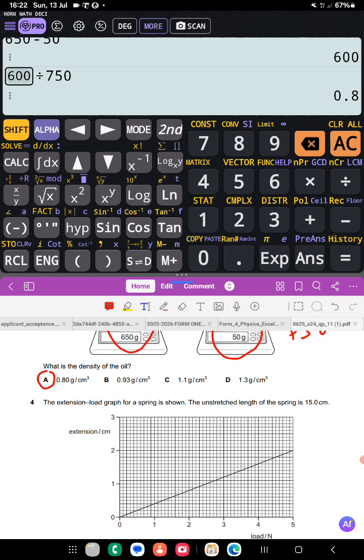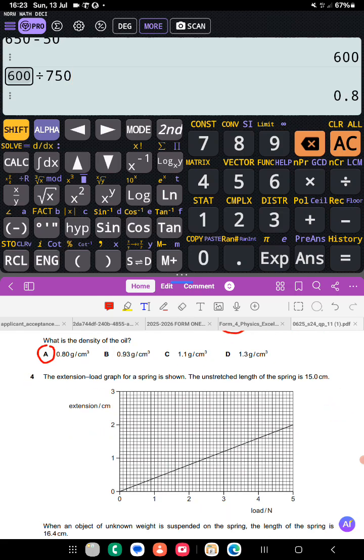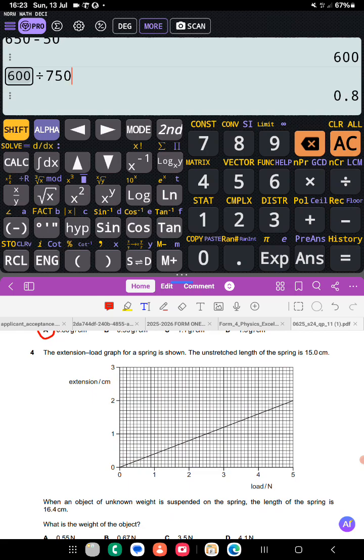All right, number 4. We are told that the extension load graph for a spring is shown. The unstretched length of the spring is 15 centimeters. So we have this graph here.